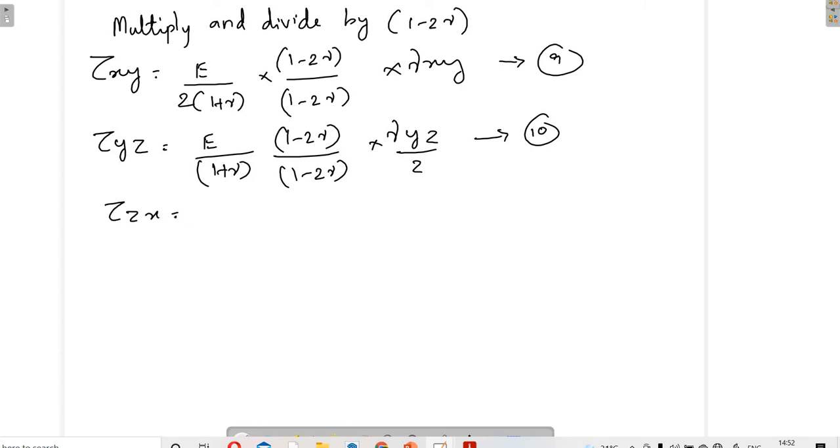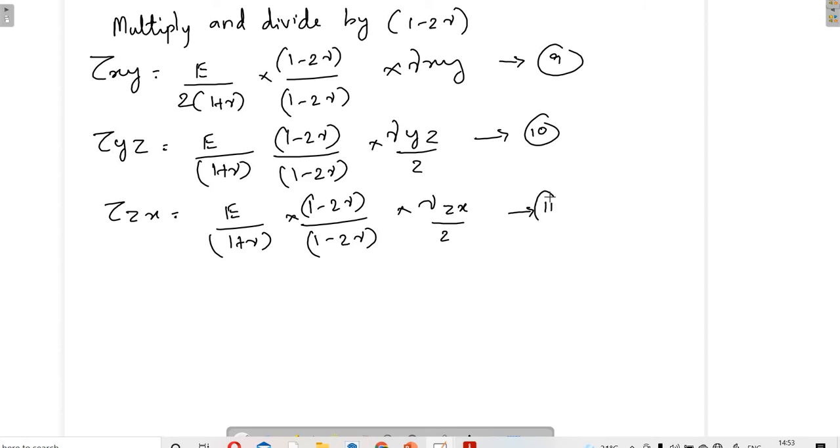Tau zx is E divided by (1 plus nu) times (1 minus 2 nu), divided by (1 minus 2 nu), times gamma zx by 2. So this is equation number 11. So we have derived all the components.